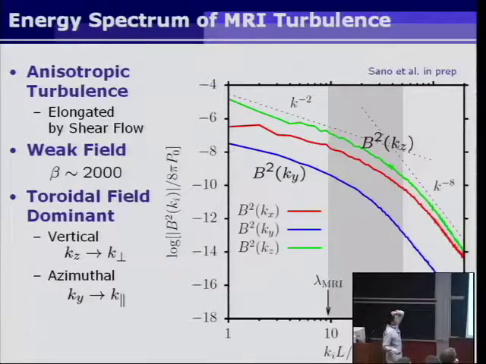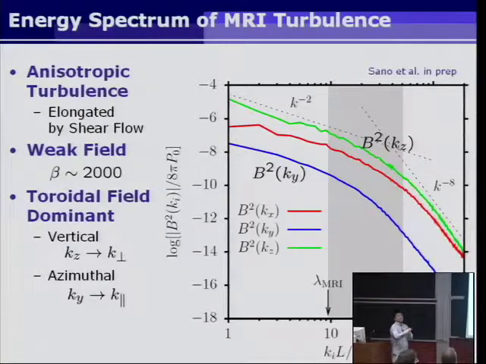We calculate the three-dimensional energy spectrum. This figure shows the values along each axis: kz, kx, and ky. So ky power is small, which means this is anisotropic turbulence.